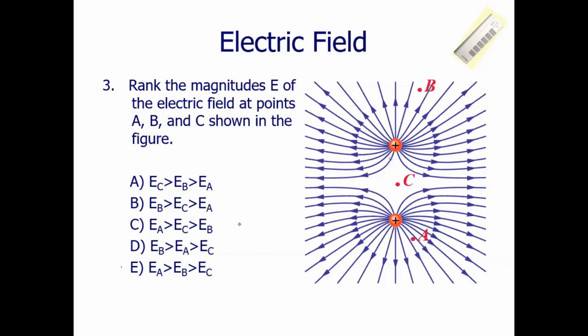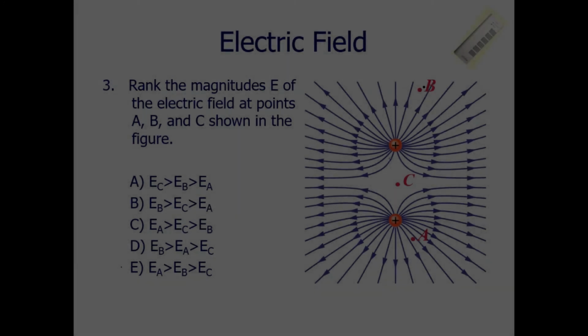Around point A, the electric field lines are more densely populated than at point B. And if you compare point B to point C, at point C there are no electric field lines, meaning that the electric field is actually 0. So you can see that the greatest is A, followed by B, followed by C.